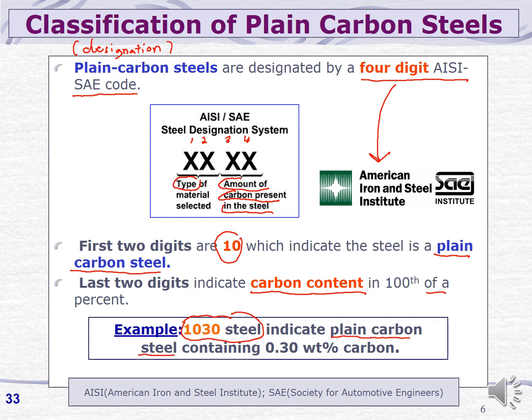How do you know that this is plain carbon steel? By referring to the first 2 digits here, 10. And this plain carbon steel contains 0.30 weight percent carbon. How do you know this? By looking at the last 2 digits, 30. This 30 represents the 0.30 weight percent carbon.